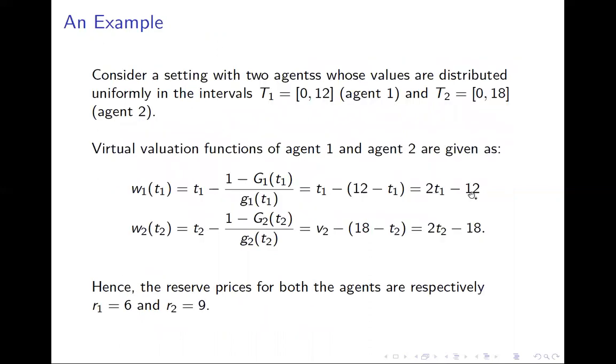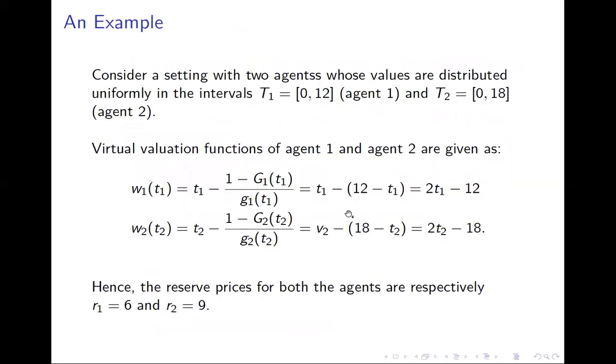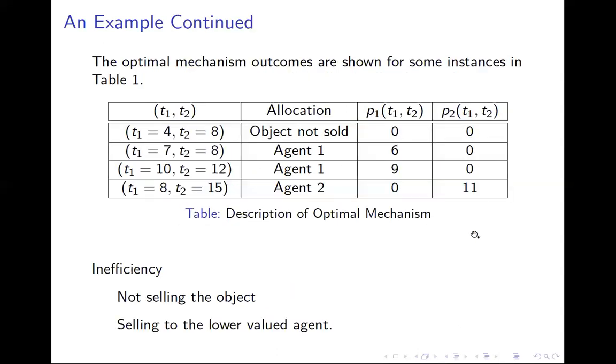Because agent 1's virtual value is 4, what is the least type at which agent 2 has a virtual value of 4? Well, that's 11, right? Because 2 times 11 is 22, minus 18 is 4. So agent 2 pays, sorry, pays 11, because that's the point at which she has virtual value 4.